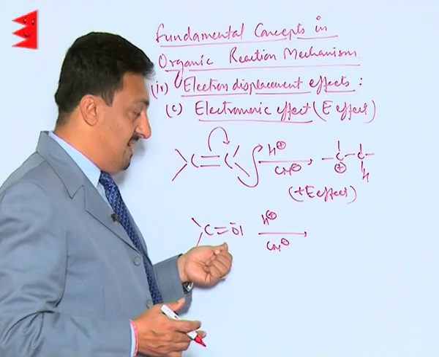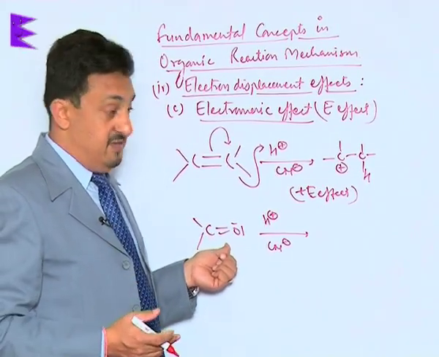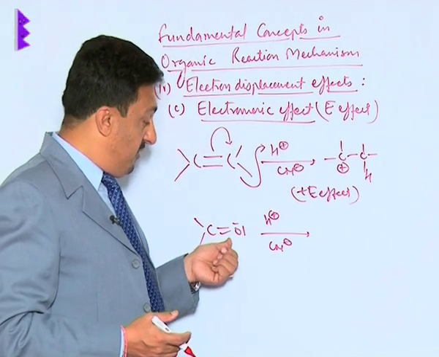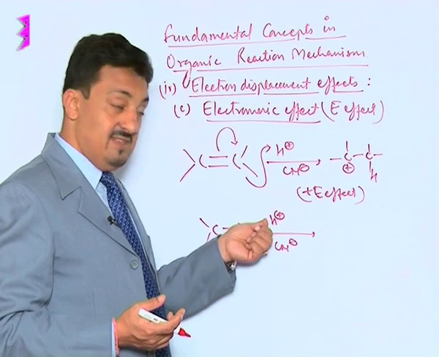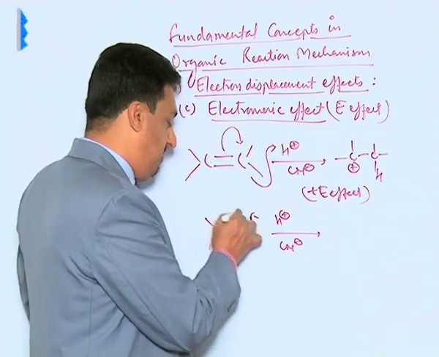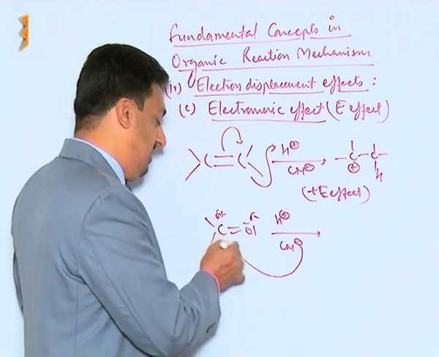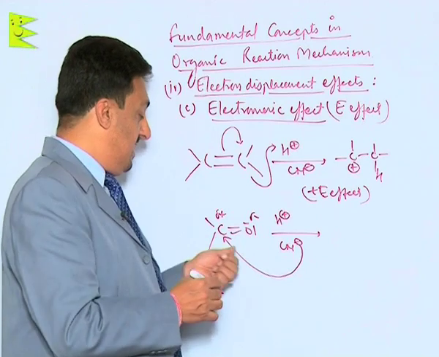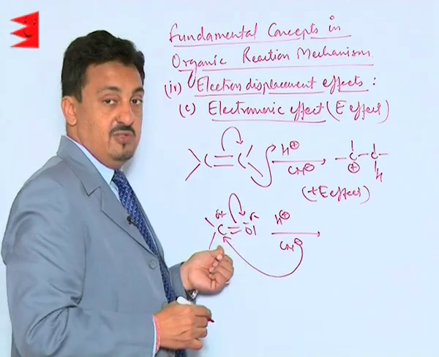Now let us take the example of a carbonyl carbon, which represents a polar multiple bond system. Initially we might think the oxygen's electron density will attract the electrophile, but this doesn't happen. This bond is already polar, and under the influence of the attacking nucleophile, the nucleophile attacks the electron deficient carbonyl carbon, due to which the pi electrons shift onto the oxygen.